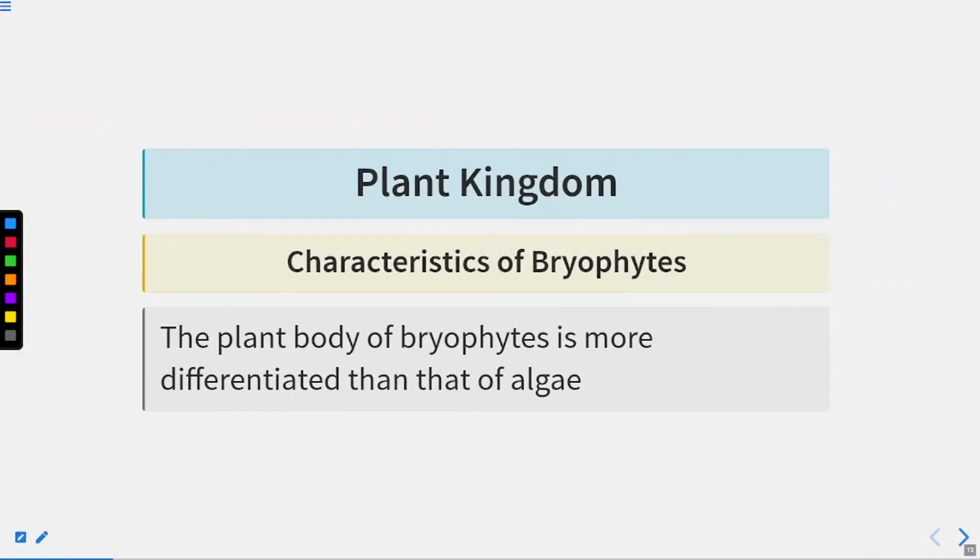The plant body of bryophytes is more differentiated than that of algae. We have seen in the previous class that in algae, the plant body is a simple thalloid structure. No leaf-like, root-like or stem-like structures were present. It is somewhat ribbon in shape, and that is why it is called a thalloid structure.